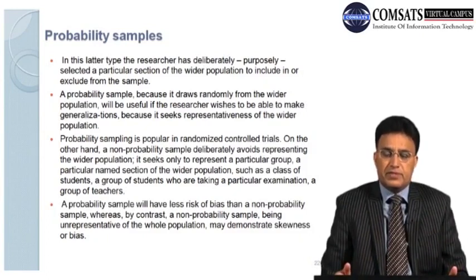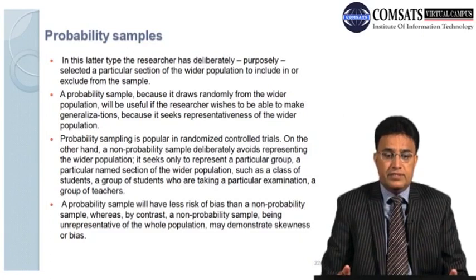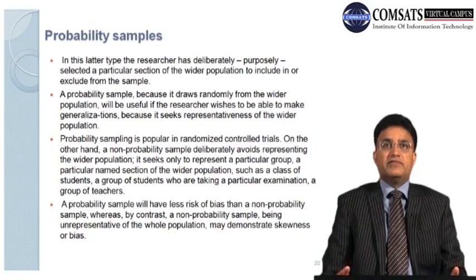Probability sampling is popular in randomized controlled trials. On the other hand, a non-probability sample deliberately avoids representing the wider population. It seeks only to represent a particular group, a particular named section of the wider population, such as a class of students, a group of students who are taking a particular examination, a group of teachers.